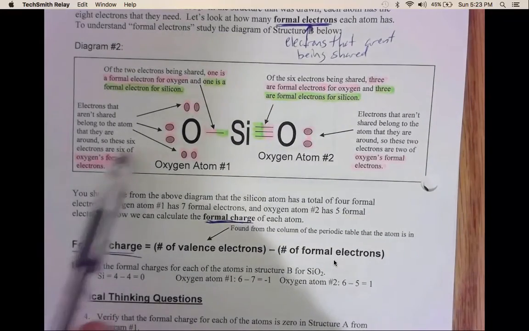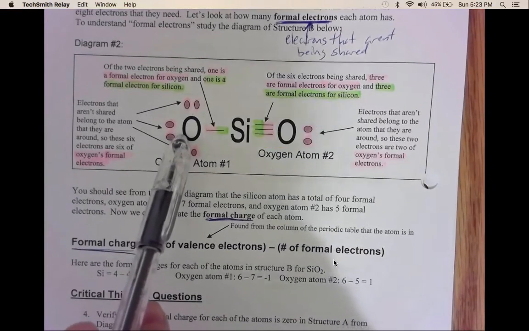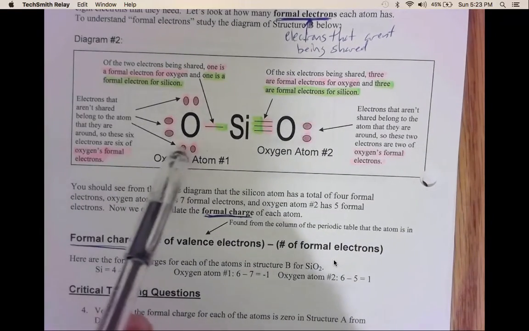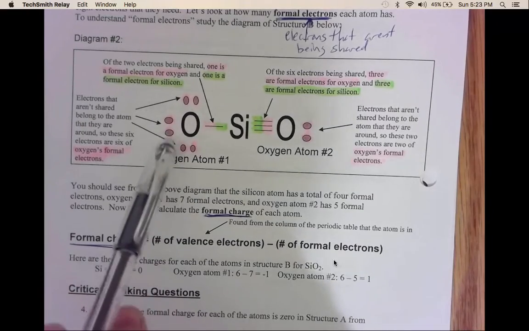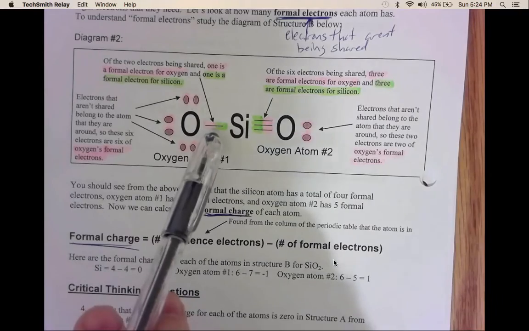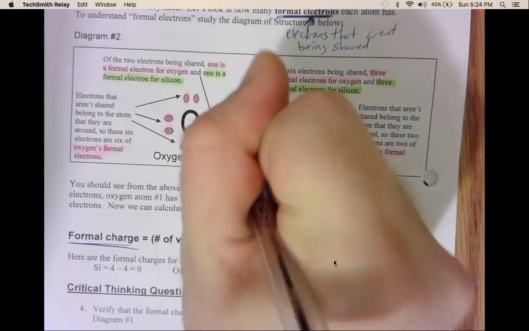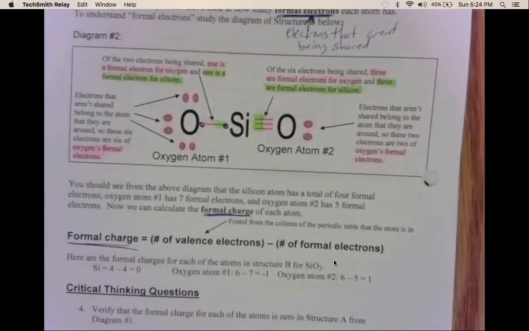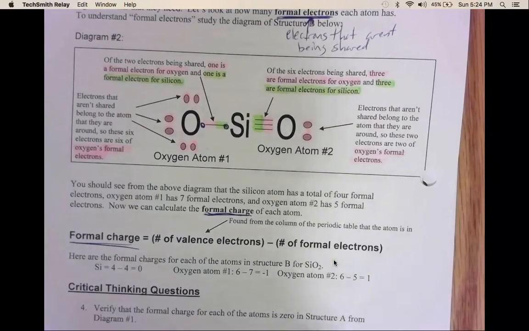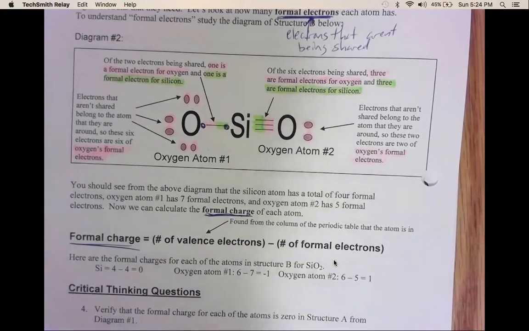So you see that the highlighted in pink are oxygen's formal electrons. So always the formal electrons are the electrons around the atom that aren't paired. Then remember, lines are 2 electrons. You can think about it as 1 electron there and 1 electron there. So then when we count our formal electrons, 1 electron goes to oxygen, 1 electron goes to silicon.